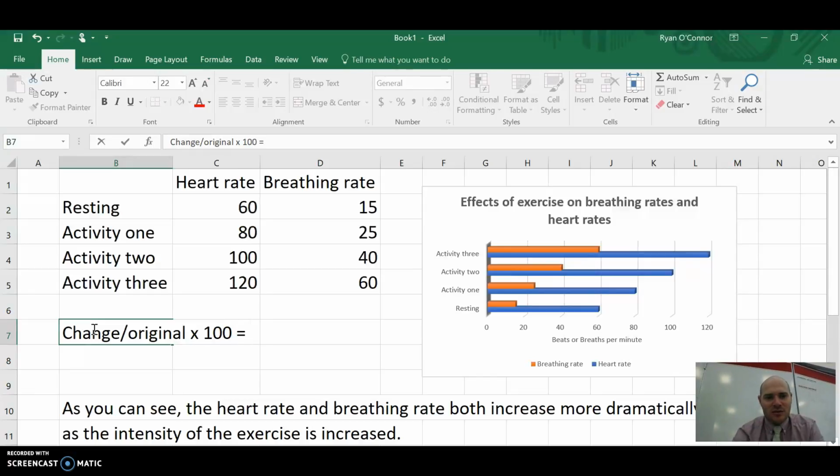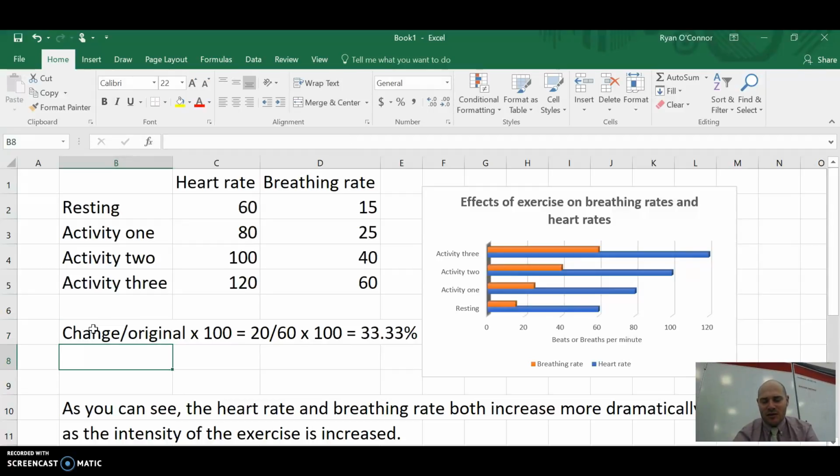So in this case, the change from 60 to 80, 80 minus 60 is 20. The original is always going to be 60 because that's my resting heart rate, times 100. I punch all that into my calculator, which at the moment is my brain, and I get 33.33% increase.